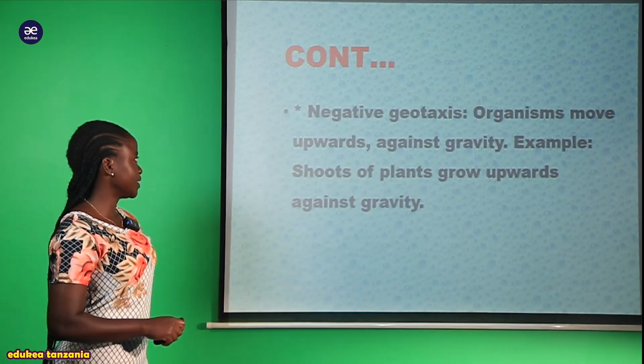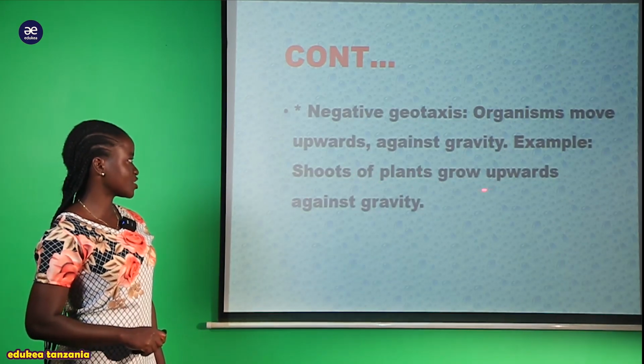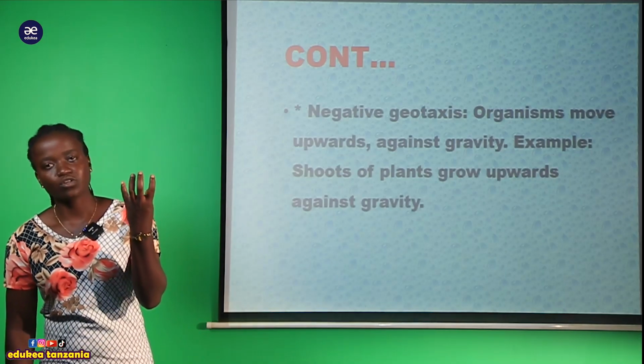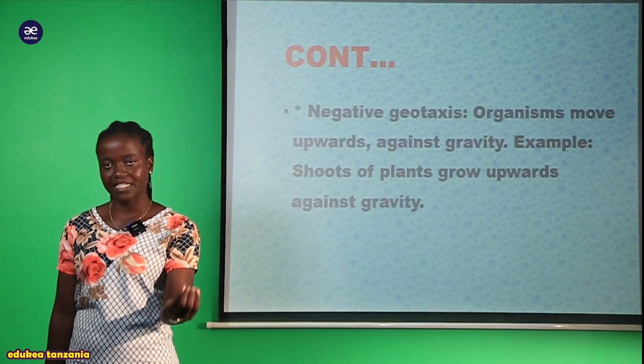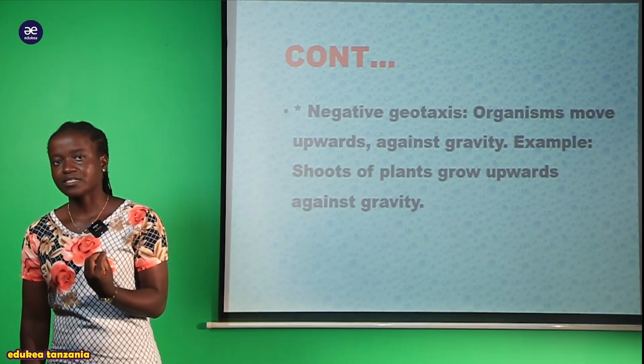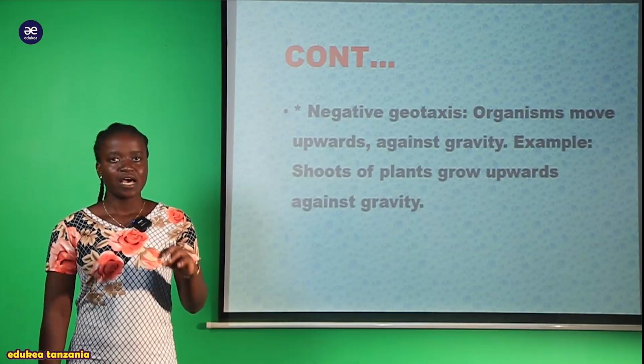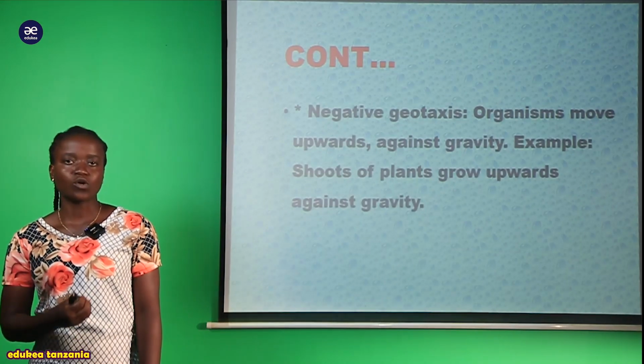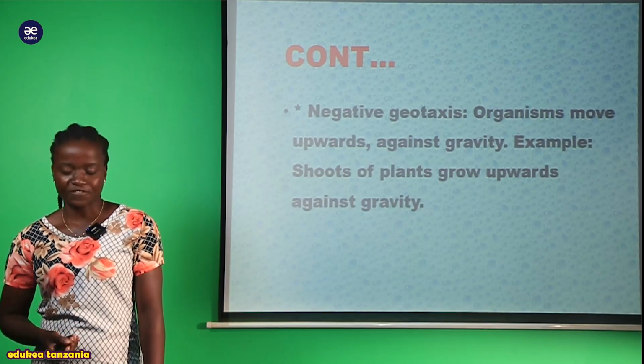A good example here we have a shoot of a plant growing upward against the gravity. So the shoot, it will go against the gravity. That is a negative geotaxis. But the shoot, the root are the positive geotaxis. That is, they grow toward the center of the gravity.